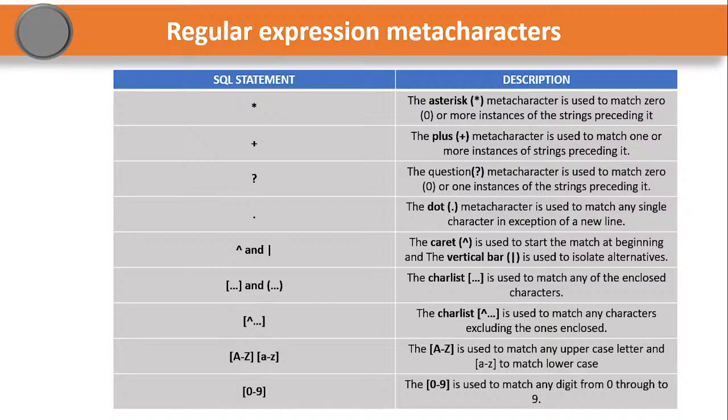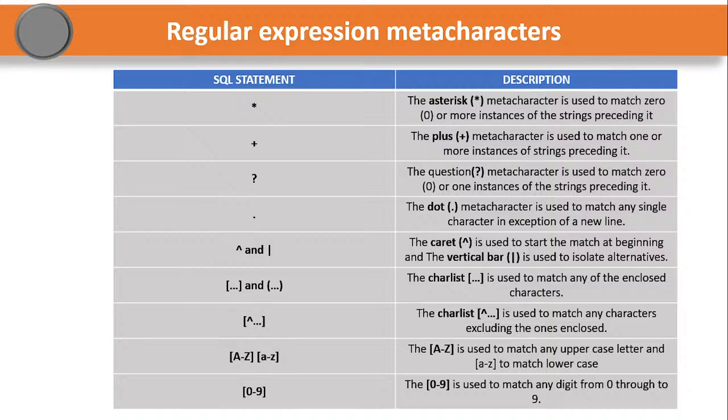Next we have the question mark meta character, which is used to match 0 or only one instance of a string. Then we have the dot character, which is used to match any single character except a new line. Then we have the caret, which is used to start the matching at the beginning, and the vertical bar or pipe symbol, which is used to find the characters alternatively.